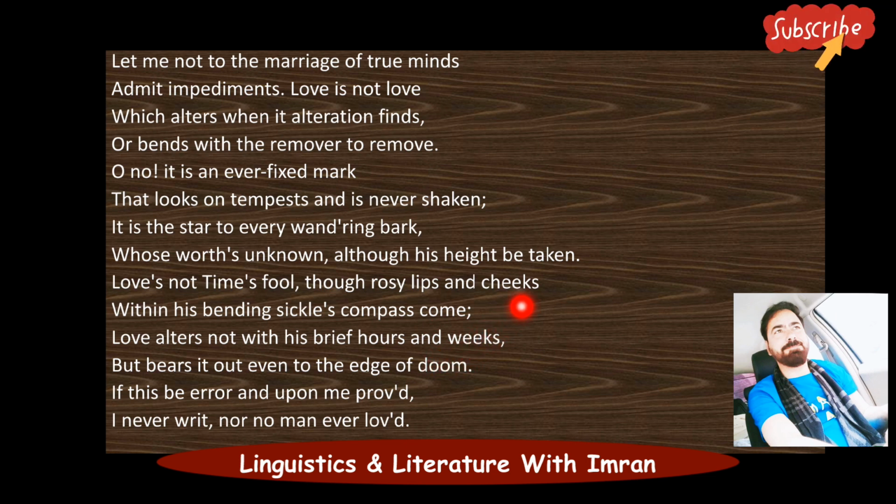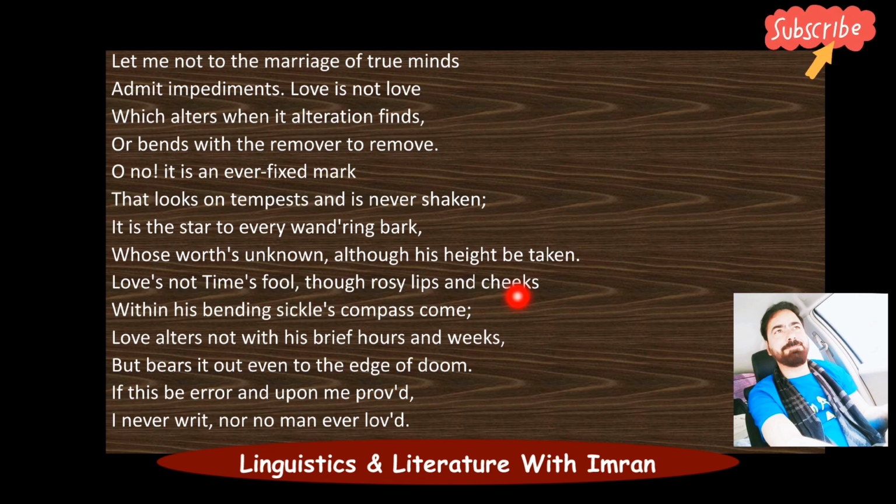You can put here E, F, and then we have E, F. And finally we have G, that is proved and loved. So the last word of line number 13 rhymes with the last word of line number 14. So this is the rhyming scheme.